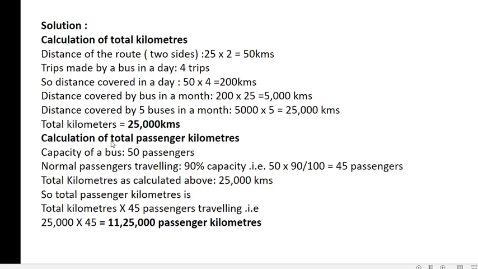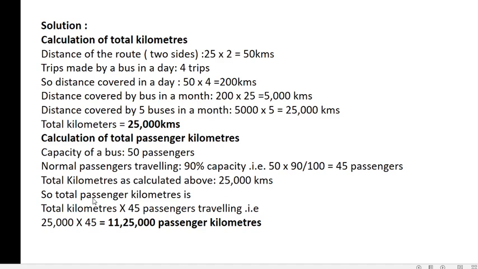Now we have to calculate total passenger kilometer. Capacity of the bus is 50 passengers. Normal passengers traveling 90% capacity, that is 50 into 90 divided by 100 is 45 passengers. So the total kilometers we have calculated above, that is 25,000 kilometers.